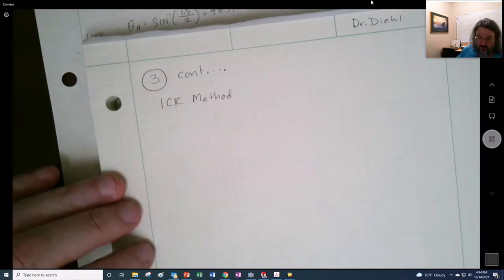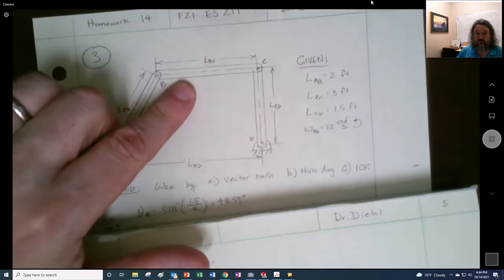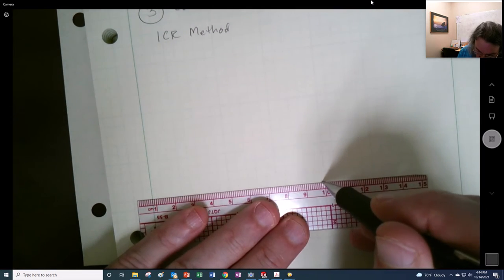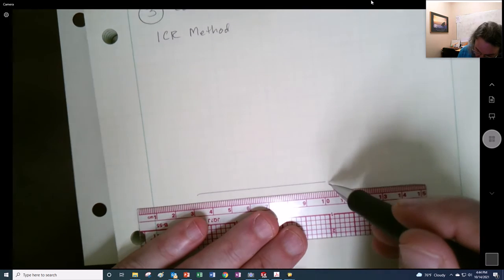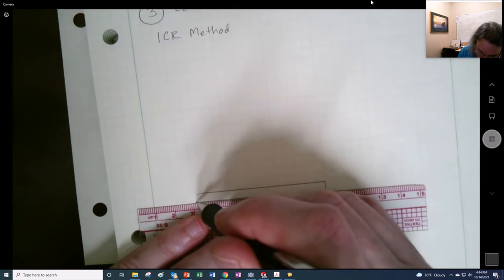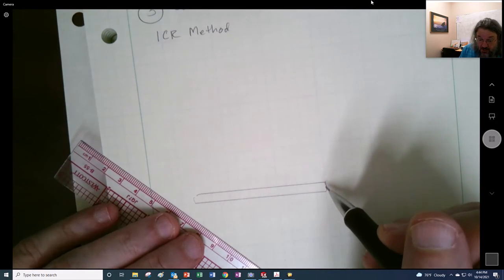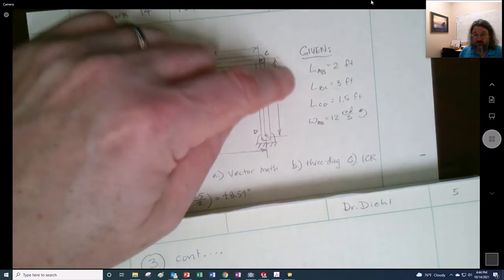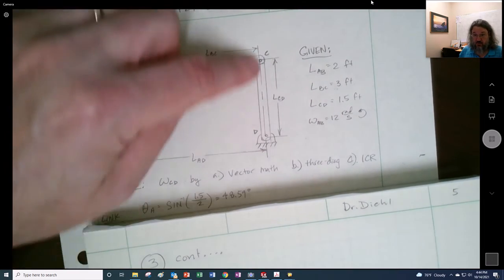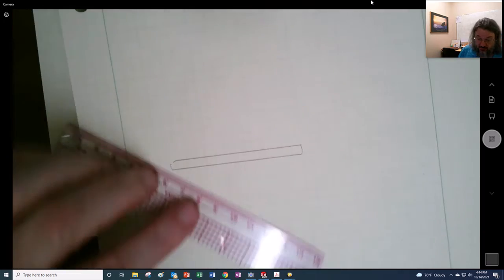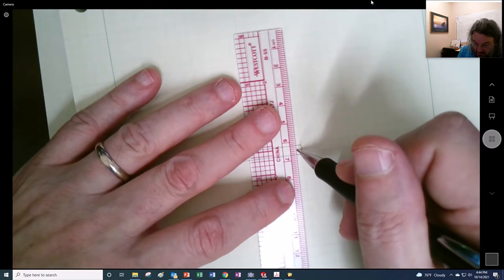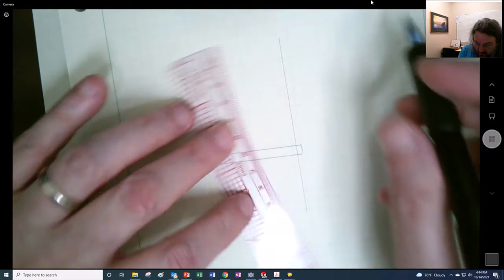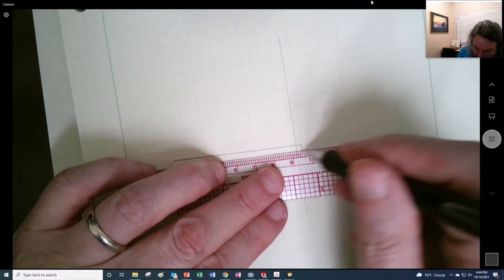But let's draw link BC down here. See if I can draw him. I'm going to give him plenty of space because I kind of anticipate where this is going. And we know that C can only move left and right because of the orientation of CD. So that means that its line of action at C is this way.